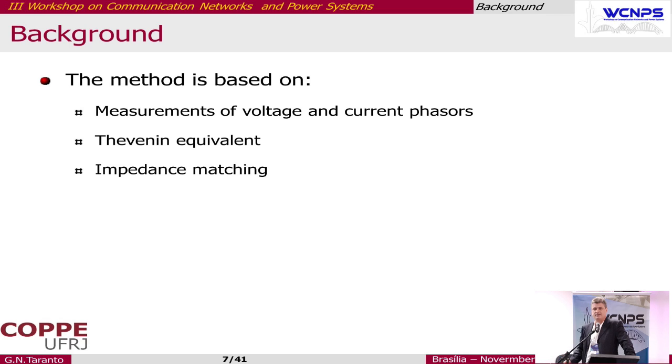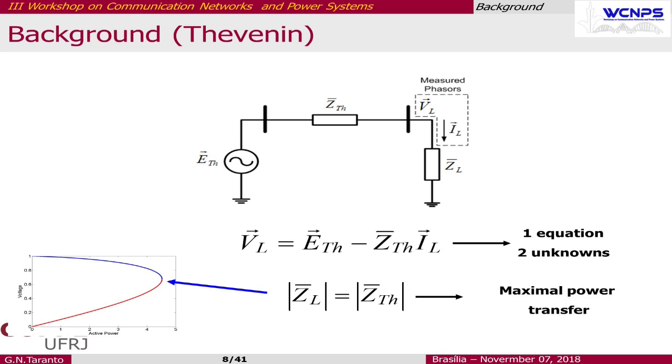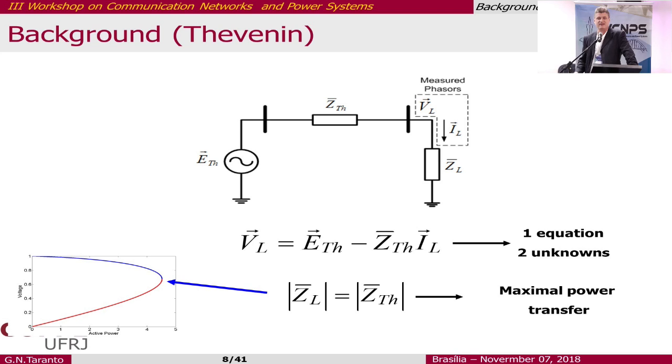So, by Kirchhoff's law, you have this equation. You have one equation, two unknowns. No way to solve, but what we want here is to find the point where the magnitude of the load impedance is equal to the magnitude of the equivalent impedance seen from that load to the rest of the system.